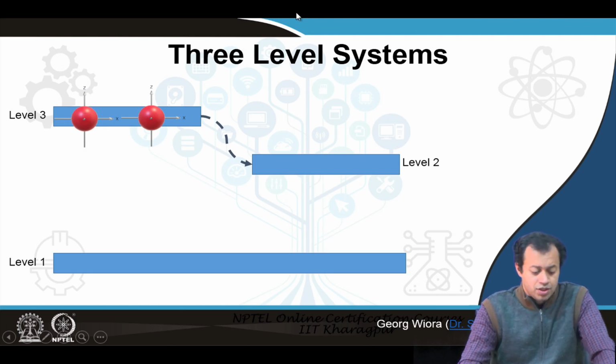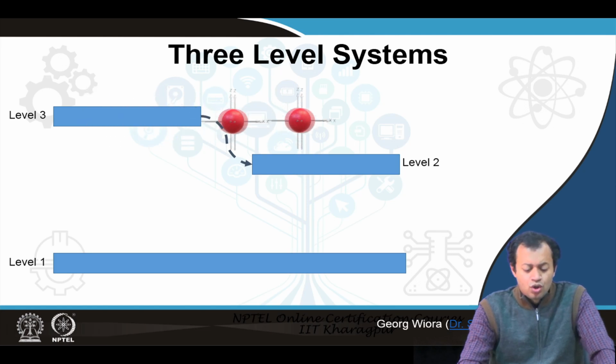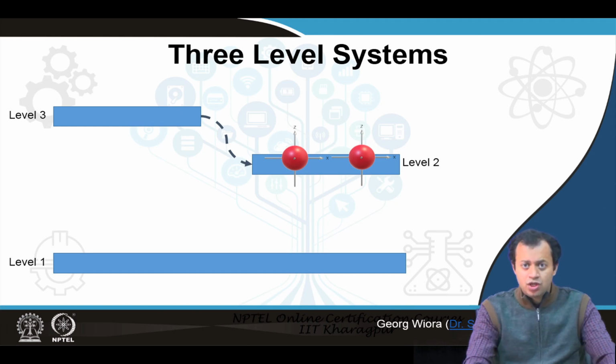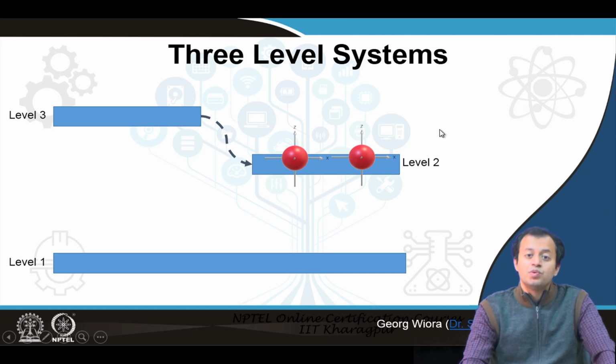Like normal processes, since level 3 is quite unstable, it would not like to stay in level 3 per se. It moves through internal conversion without emitting a photon, simply by shaking off, by phonon, by heat, on to level 2, which we call a metastable level.